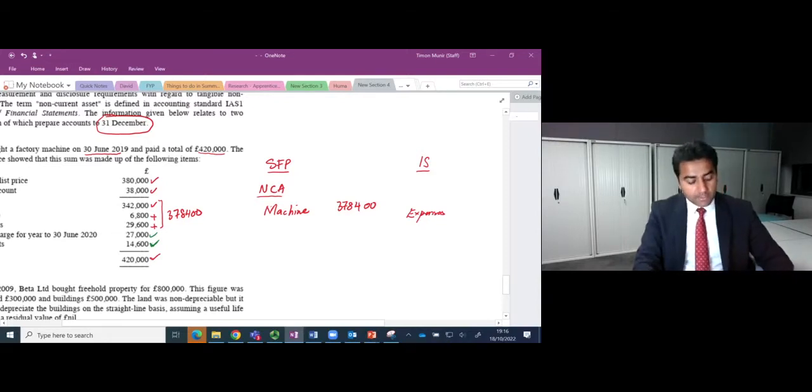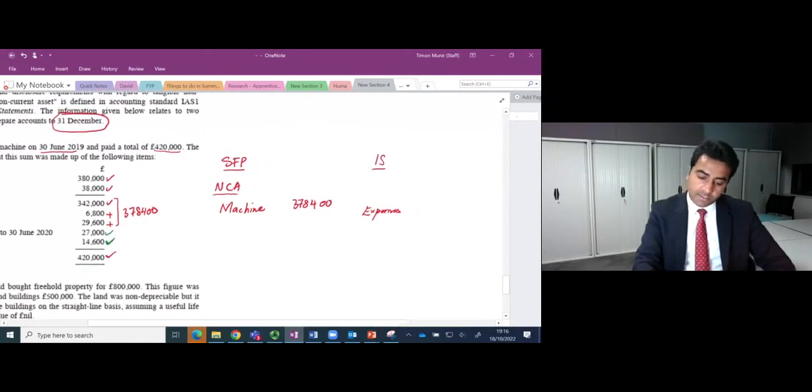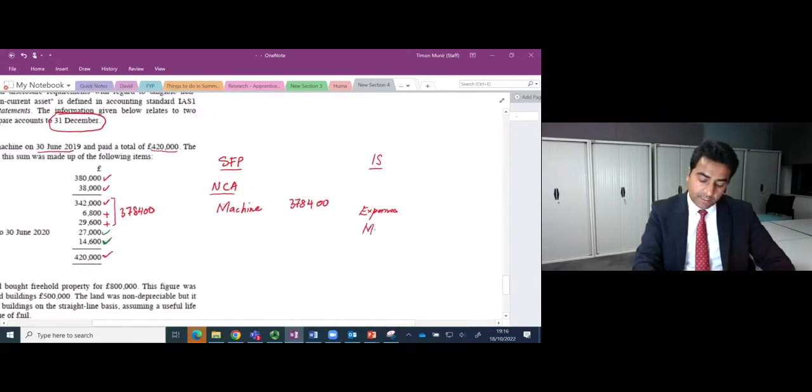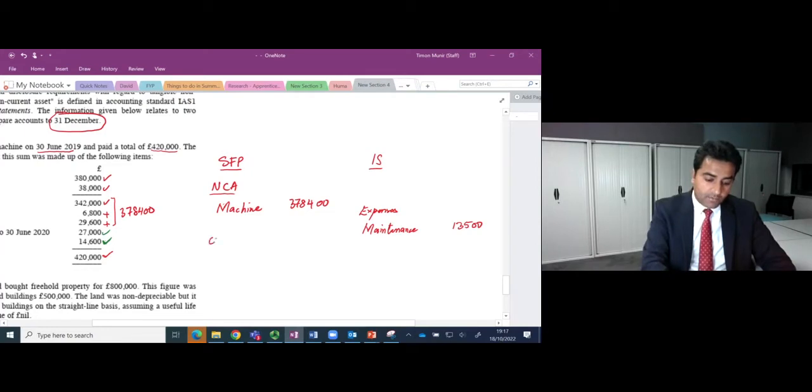The £27,000, which is the maintenance charge, half of that is an expense: £13,500, and the other 13,500 will be recorded as a current asset in prepayment.